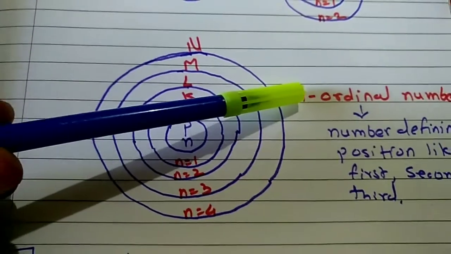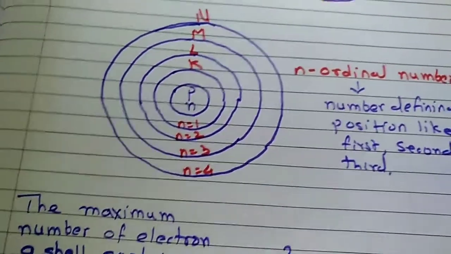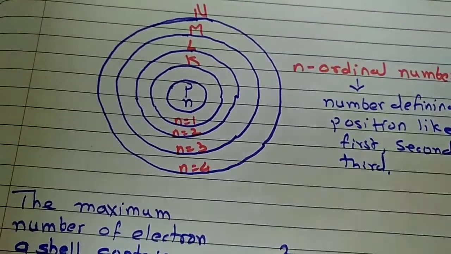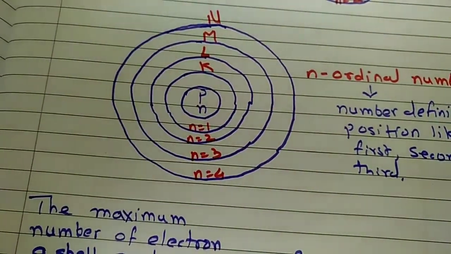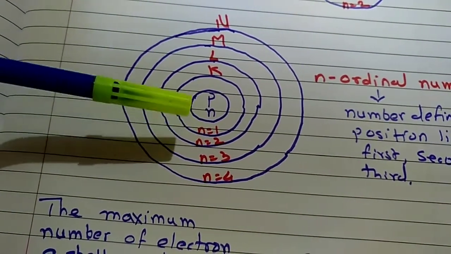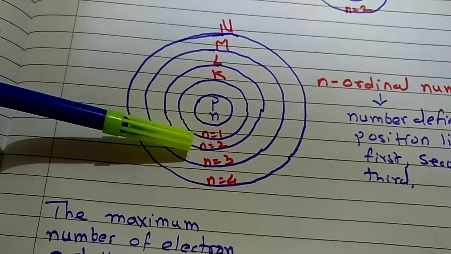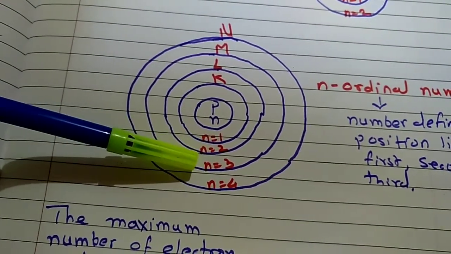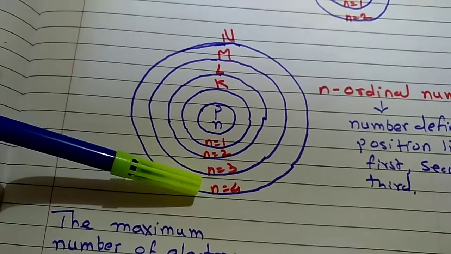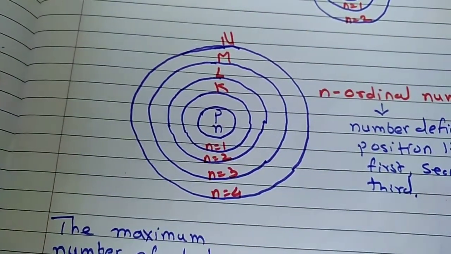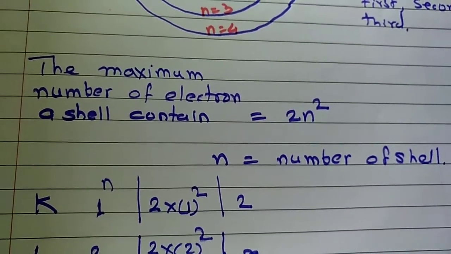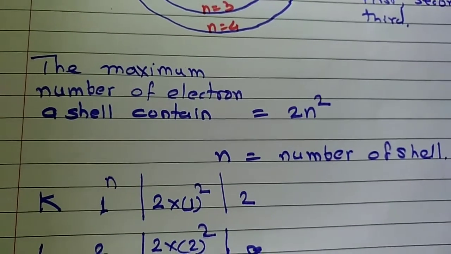What does this n stand for? n stands for ordinal number. What is meant by ordinal number? This number tells us positions like first, second and third. So n equal to 1 tells us that the first shell is K. n equal to 2 tells us that second shell is L, and 3 tells us that third shell is M, and n equal to 4 tells us that fourth shell is N. As there are number of shells, how many electrons get accommodated in those shells?